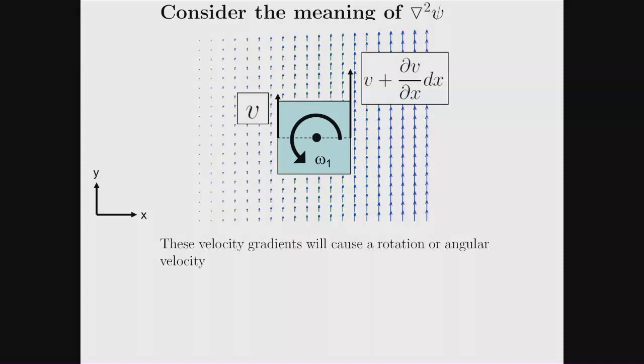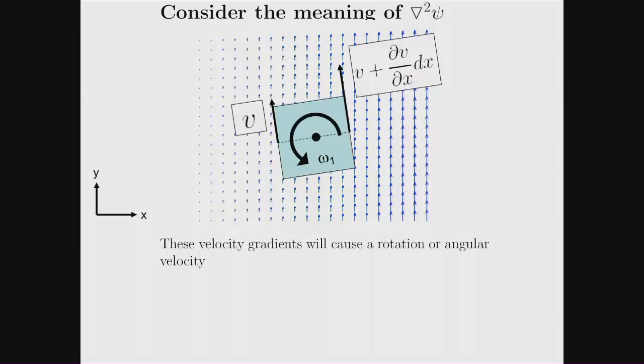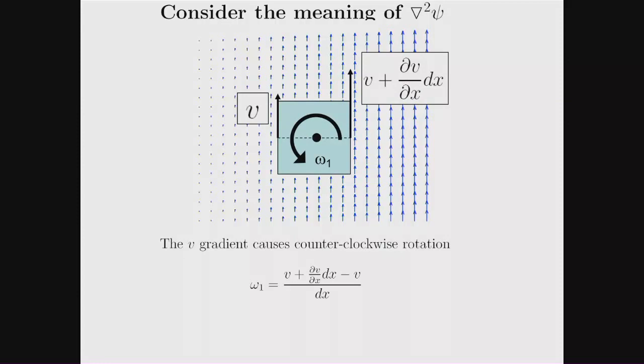So this will cause my fluid element to rotate in the anti-clockwise direction, omega 1. Everybody agree with me? And this counterclockwise rotation is just defined as my velocity on the right here minus the velocity on the left divided by dx, which is what I've done here, and we get that omega 1 is just del v del x.